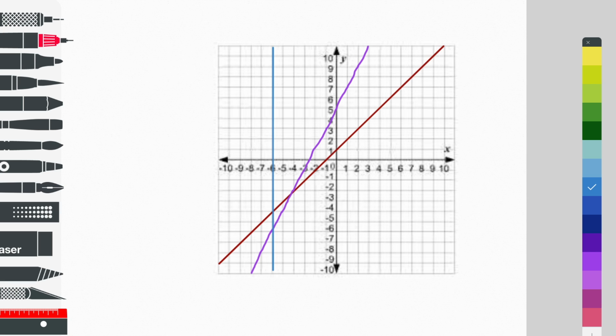The problem with this is it's 0 divided by 0. Anything divided by 0 is undefined. That's the problem. No, actually it's 1 over 0, but anyway. Sadly, it's undefined. So this slope we would call undefined.